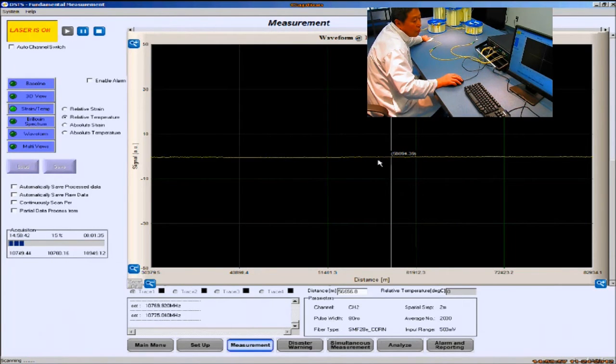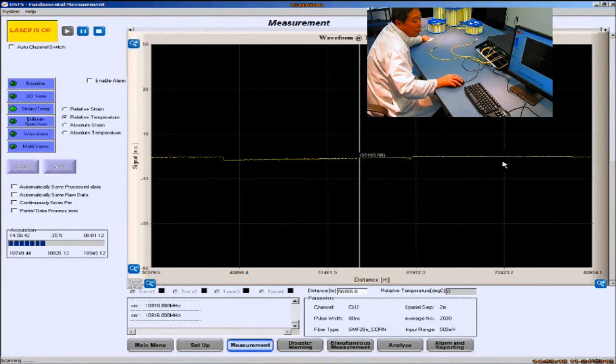Now that we're working with 8 meter resolution instead of 20 meter resolution, we should see a much stronger change in the Brillouin spectrum, showing a higher spike for the temperature difference. And this should be much closer to the temperature difference between normal body temperature, which is 37 degrees, and room temperature, which is around 20 degrees. The number will probably be slightly less since the person's outside hand temperature is slightly cooler.